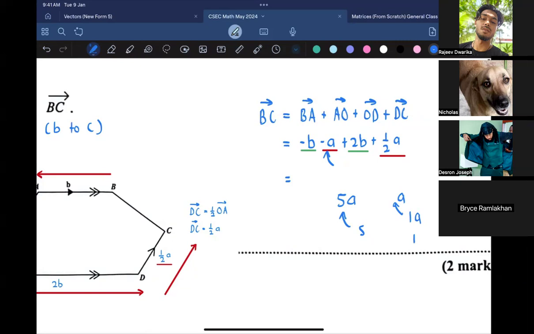It's not 0. You can think of it like minus 1A. The coefficient is just the number in front of the letter. So the number in front of the A is minus 1.